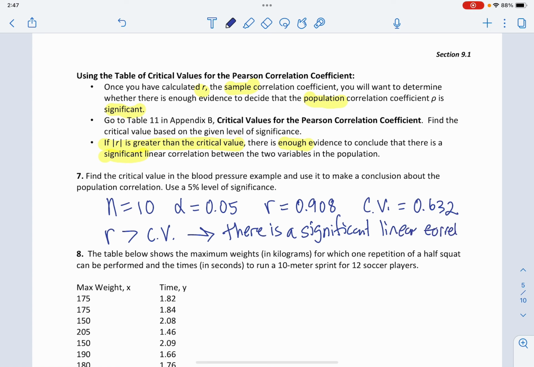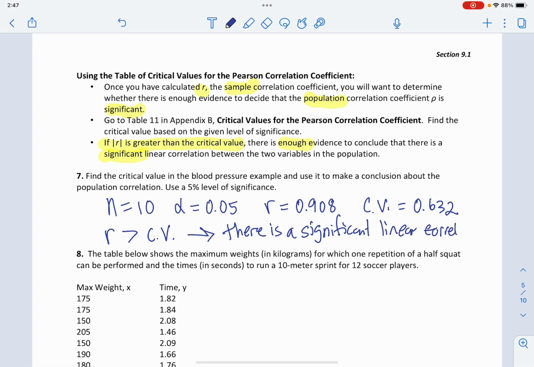All right, let's try another one, just doing everything that we've done so far in this section. So we have a new set of data. We're going to find the sample correlation coefficient, describe the type of correlation, and then use that correlation table. Okay, so let's load the data. Let's see.